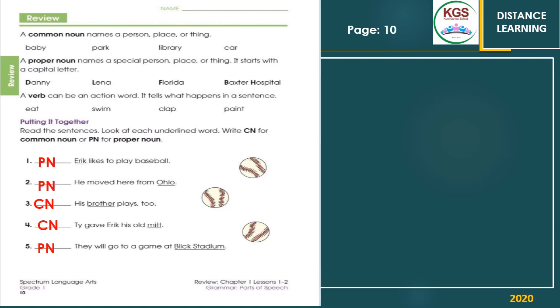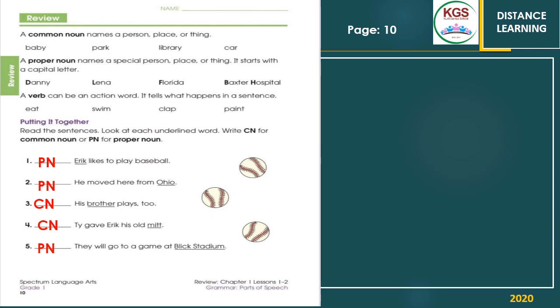Very good. Number 5. They will go to a game at Blick Stadium. Blick Stadium is underlined. This is the noun. Is it proper or common?